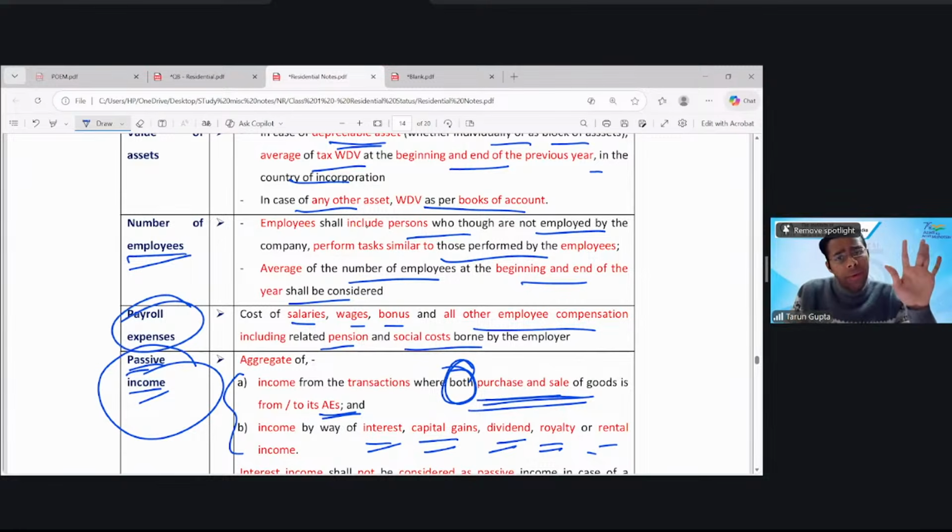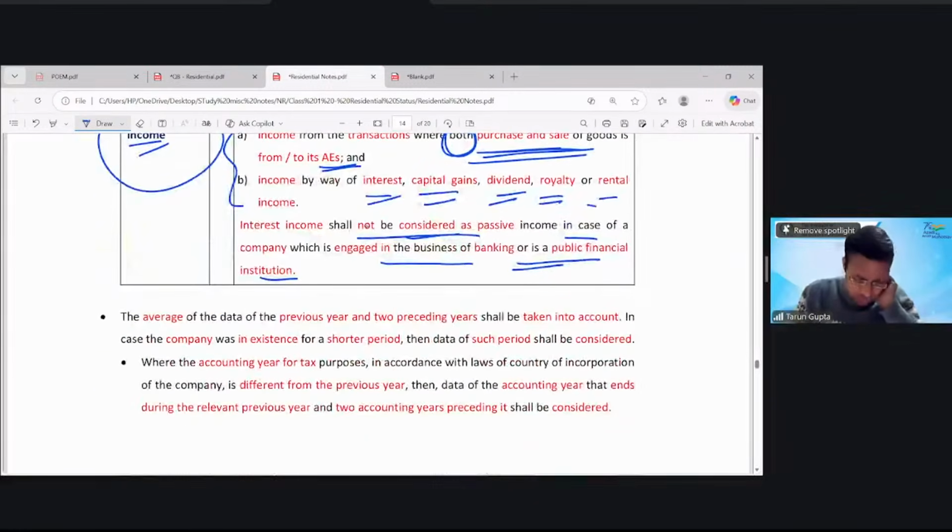Okay. Now, the law says all these figures, for which period do you have to see? The average of data of the previous year and two preceding previous years shall be taken into account.